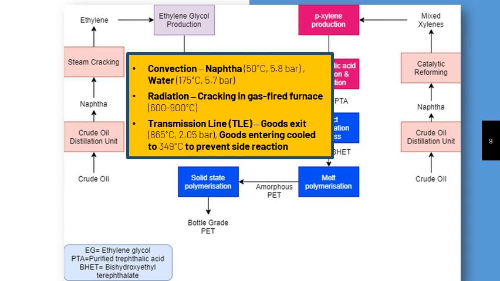In convection, naphtha enters the convection section at 50 degrees C and 5.8 bar, while water enters at 170 degrees C at 5.7 bar.